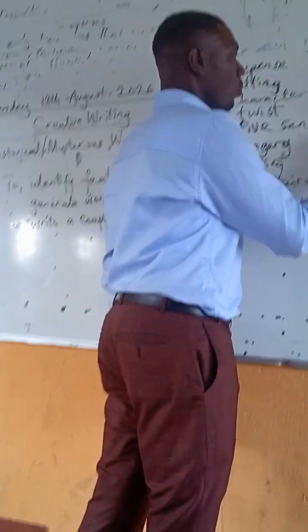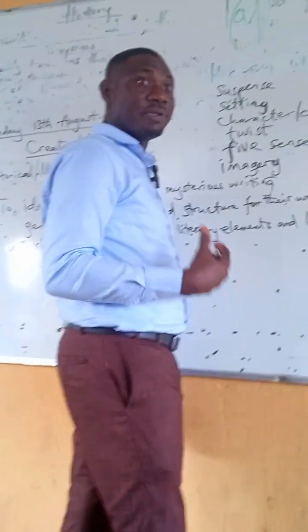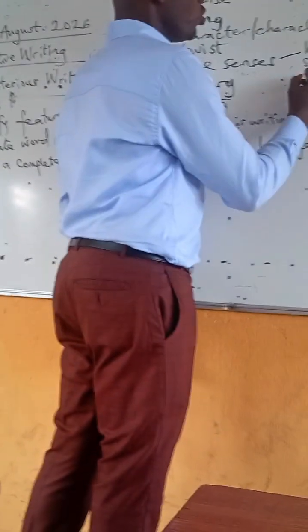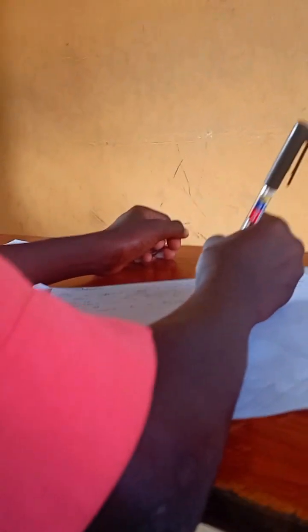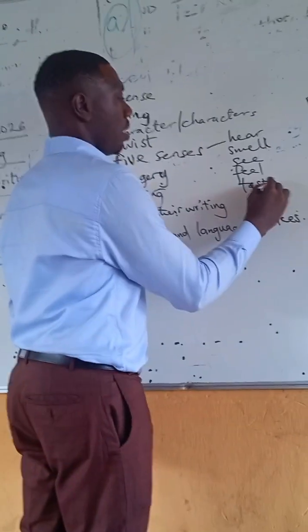Think of what people hear as they read your story, what people smell, and you can get this by describing the setting very well. What do people see as they read your story, what do people feel, what do people taste.